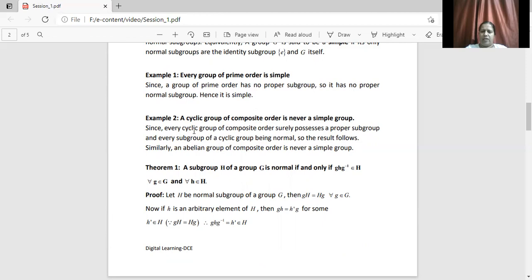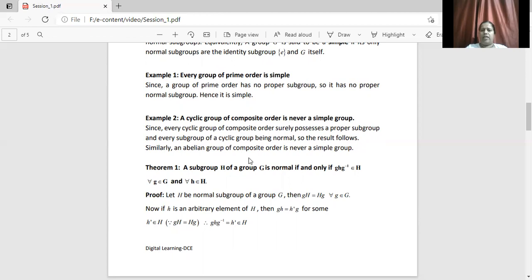Another example: a cyclic group of composite order is never a simple group. Since every cyclic group of composite order surely possesses a proper subgroup, and every subgroup of a cyclic group is normal, the result follows. When it has a proper subgroup, it is not possible for it to be a simple group.